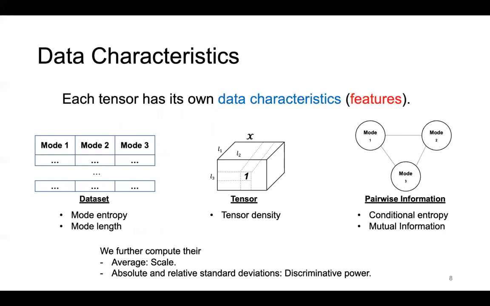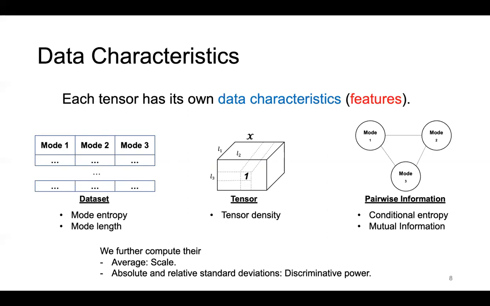So the first part of our work is: how can we define the data characteristics? We consider that each tensor has its own data characteristics, and we can also say it has these features. Once we get our data, actually there are three different kinds of representation for the data set. The first one is a tuple style, as we show in the first graph.